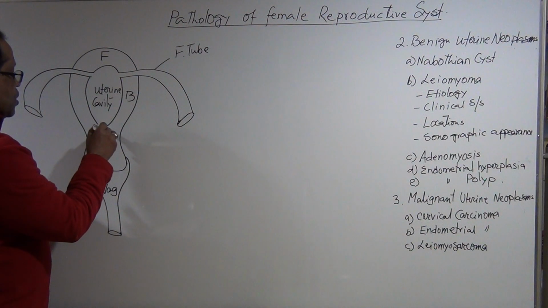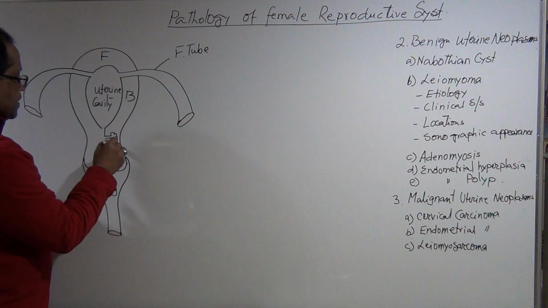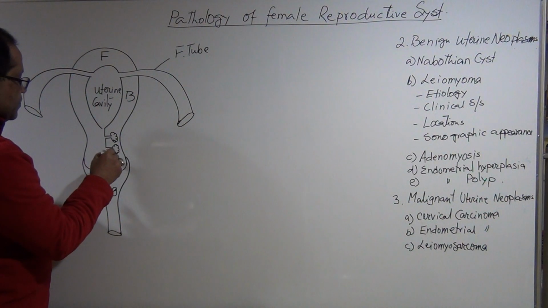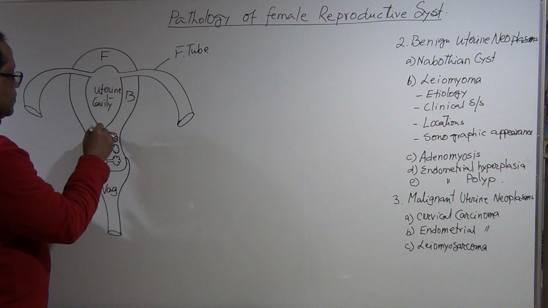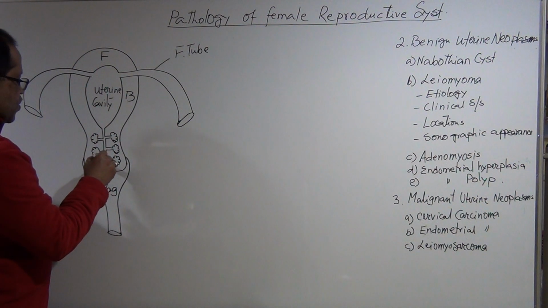So let me draw the cervical canal, and I'm drawing the Nabothian gland. For your better understanding, I'm drawing this diagram.